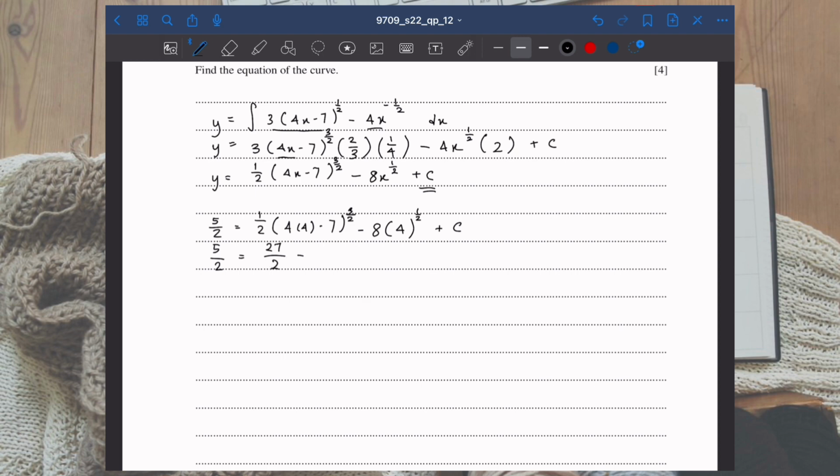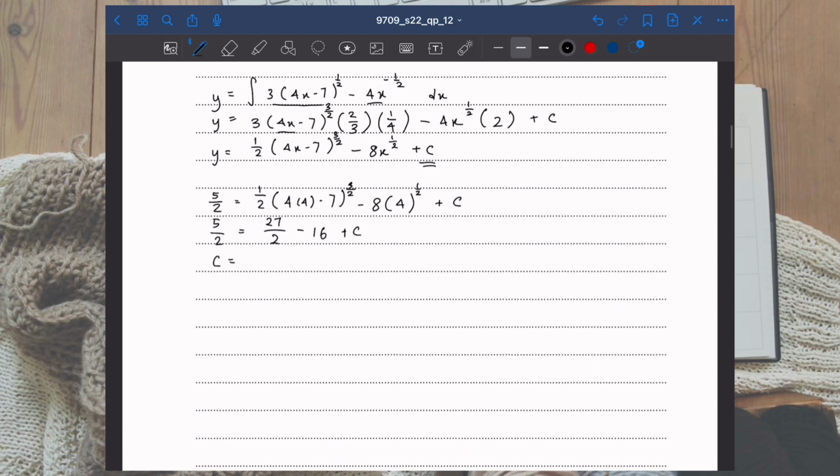And this term we get 16 plus c. So rearranging, c is 5.